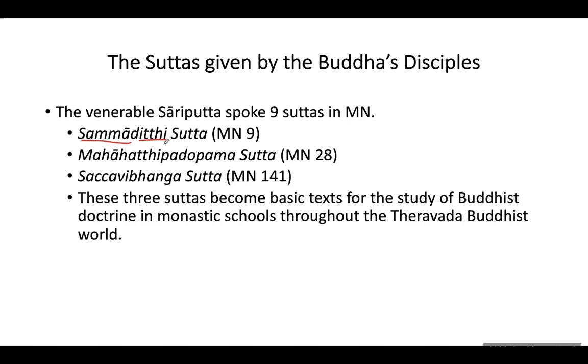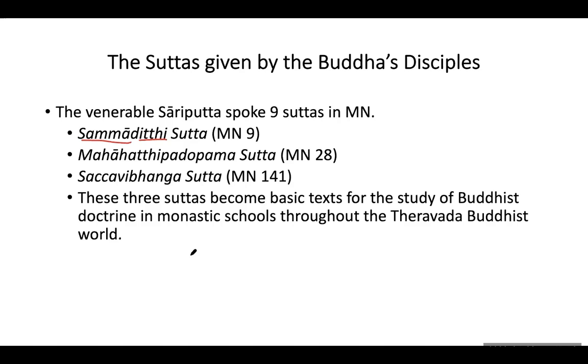Venerable Sariputta could analyze and explain the Four Noble Truths in detail and lead the bhikkhus to the stage of the first path and fruition. First path and fruition means Sotapanna, stream-entrant. So it's the beginning stage of following the Noble Eightfold Path.